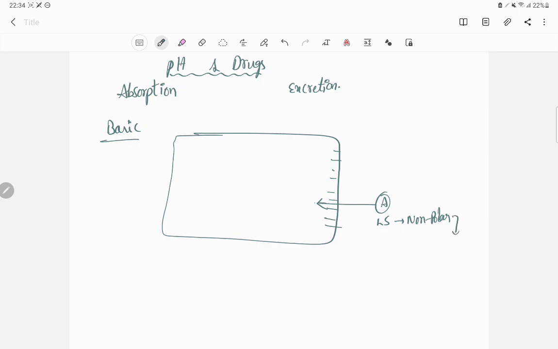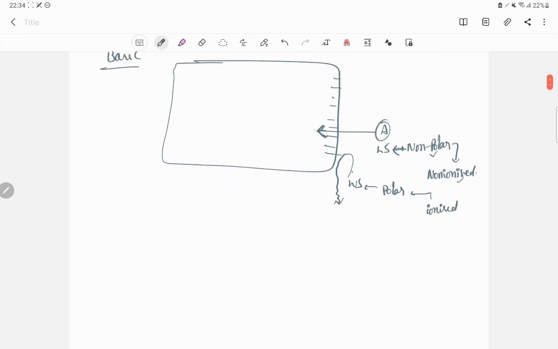Non-polar drugs means non-ionized, right? So non-ionized drugs are non-polar, so they are lipid soluble and they can cross the membrane, whereas ionized drugs are polar and they are water soluble. They cannot be absorbed. Since they are water soluble, they will be flushed away with water. This is the basic concept, right?